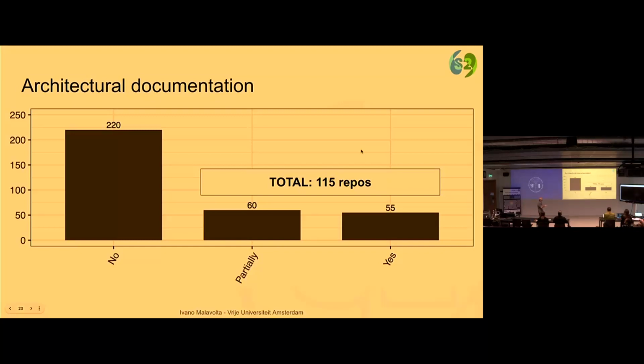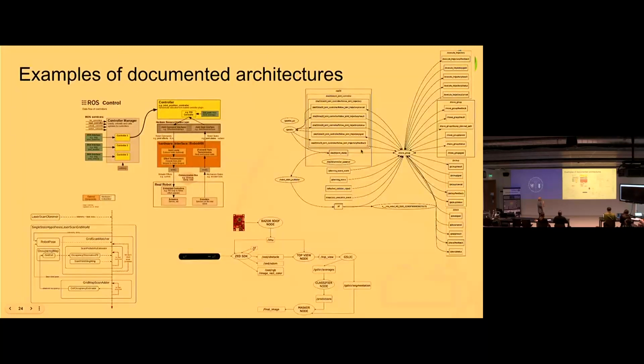When we say yes, we have a clear picture of more or less the computation graph of the system. And here I'm showing some examples of the descriptions of the architectures that we extracted from these systems. You can see all kinds of types, ranging from the plain old computation graph to some more box and line representation, something in between with the hardware specified contextually to the computation graph, and some other visualizations.